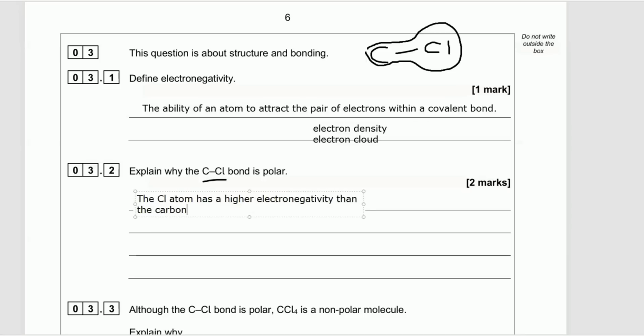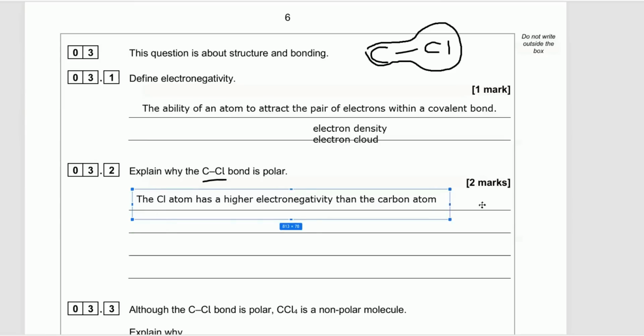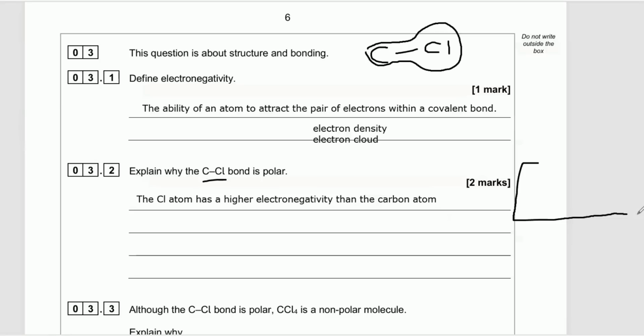The general rule when working out which atom is more electronegative is that electronegative atoms are found on the right-hand side of the periodic table and going up. If you imagine your periodic table, in my crude drawing, electronegativity increases to the right and going up.